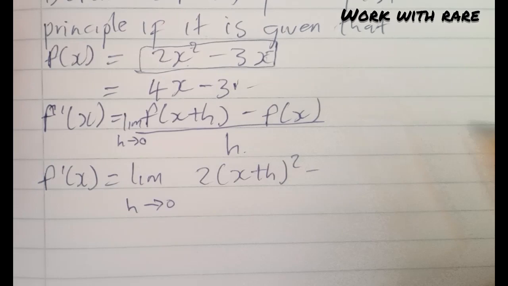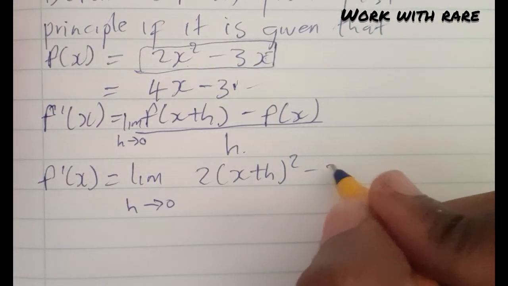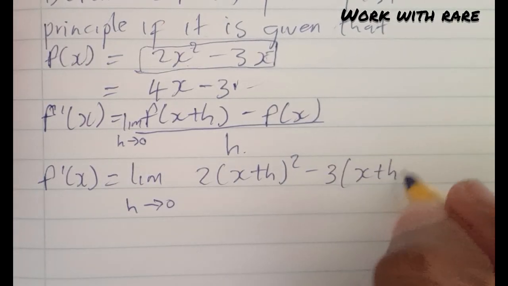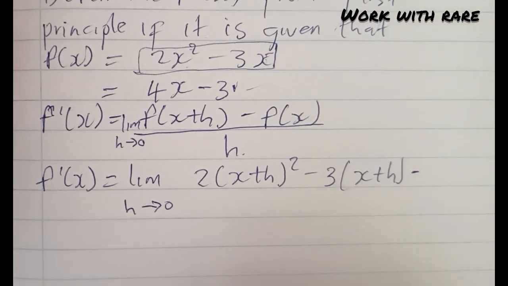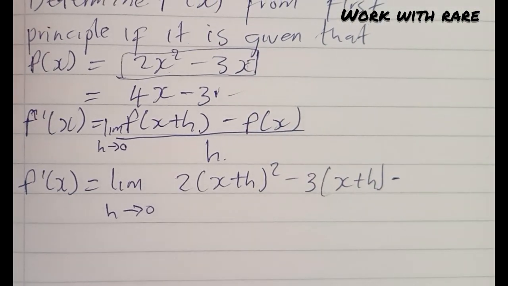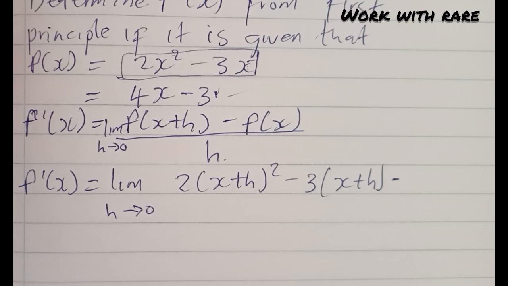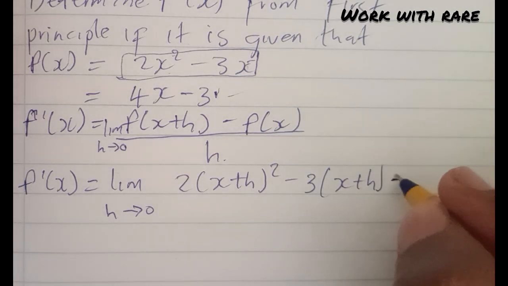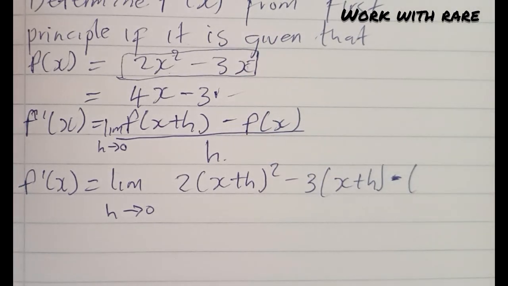So don't be confused. So here I'll have 3(x plus h) minus my f at x. So I'll put my f at x inside the bracket to avoid wrong signs, okay? So every time when you substitute, put it in the bracket.